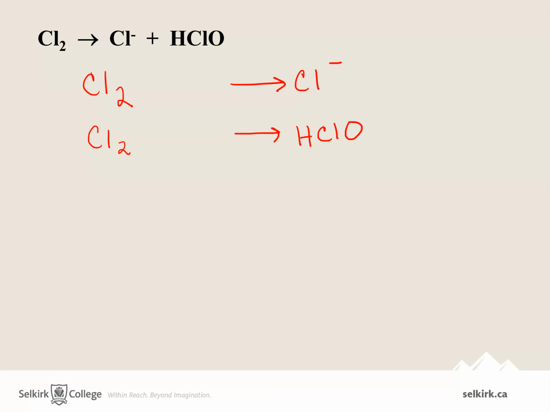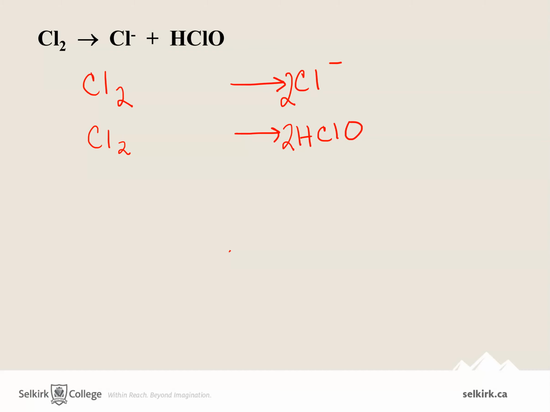So first half reaction, 2 chlorines on the left, 2 chlorines on the right. The atoms are balanced. Second half reaction, 2 chlorines on the left, 2 chlorines on the right. Now my chlorines are balanced, just not the oxygen and the hydrogen. So the next step is to balance the oxygen.